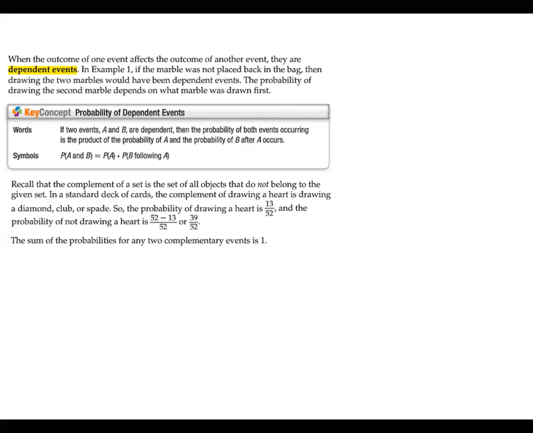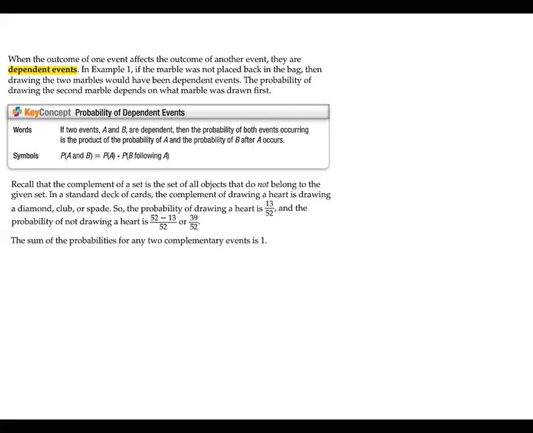So recall that the complement of a set is the set of all objects that do not belong to the given set. So in a standard deck of cards, the complement of drawing a heart is drawing a diamond, club, or spade. So the probability of drawing a heart, remember there's 52 cards in a deck, there's 4 suits, hearts, clubs, diamonds, and spades.